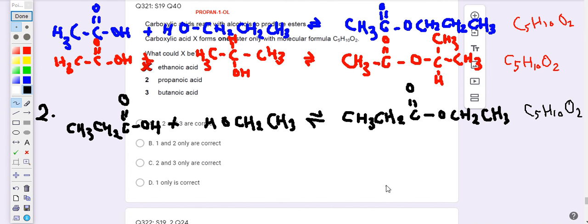And you know a 2 carbon alcohol like this will not have isomer, because no matter how you change the OH to the other carbon, they are still ethanol. They're the same, right? So this will be the only type of ester that we can get from propanoic acid. So number 2 is correct.